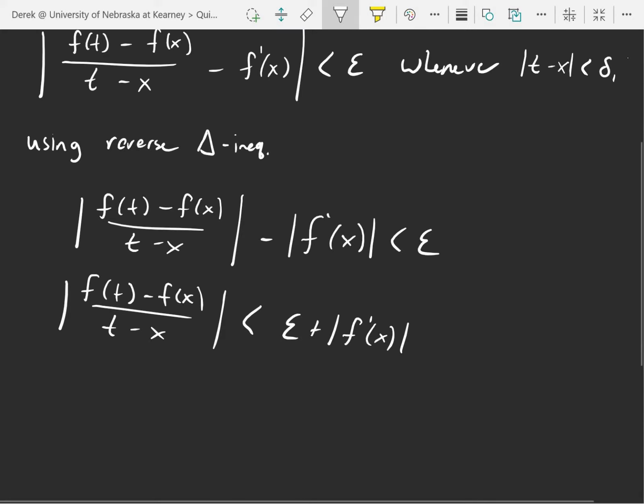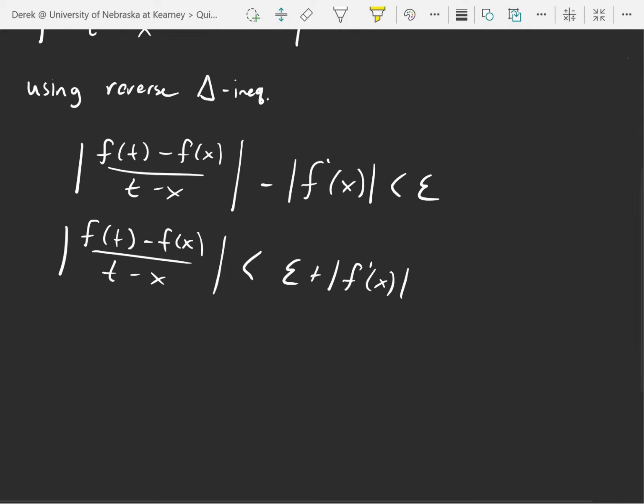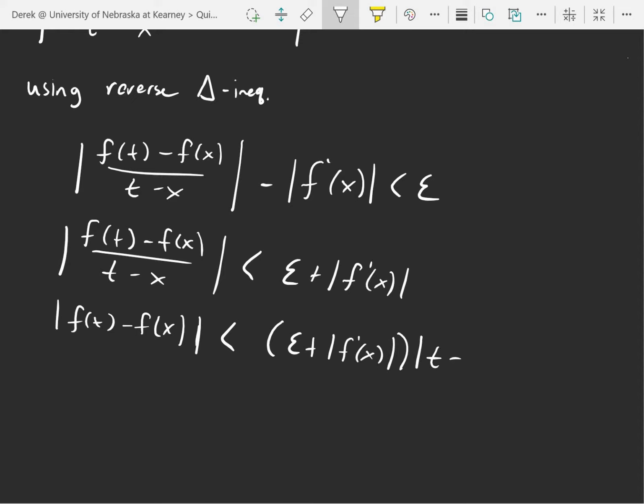What we're trying to bound is |f(t) - f(x)| for continuity in terms of |t - x|. So now I get to pick my new delta. Let's multiply both sides by |t - x|. |f(t) - f(x)| is less than epsilon plus the absolute value of the derivative, times the absolute value of t - x.